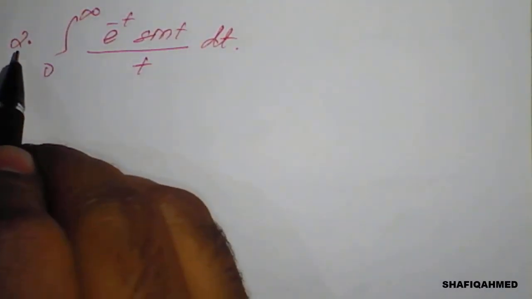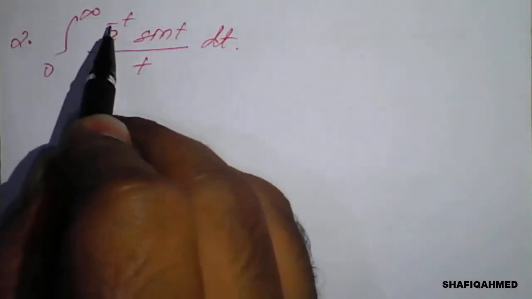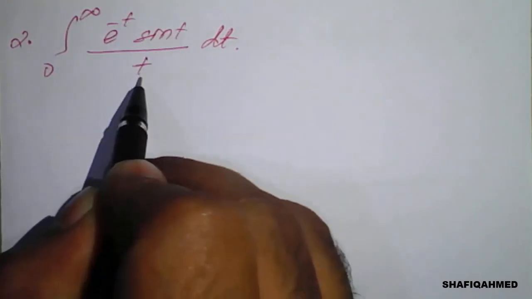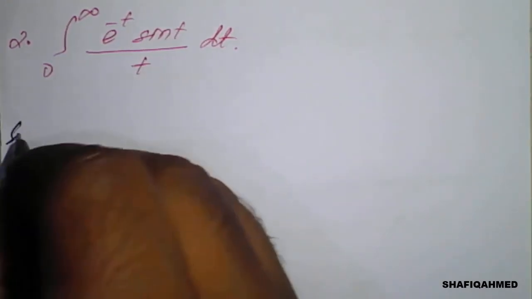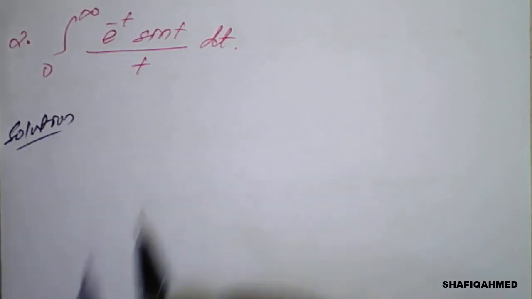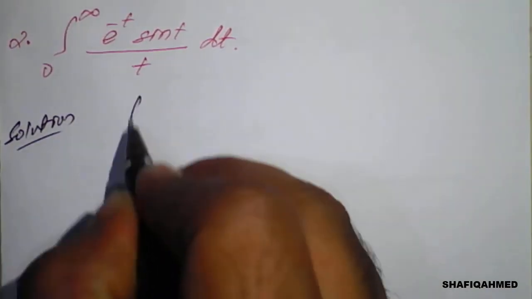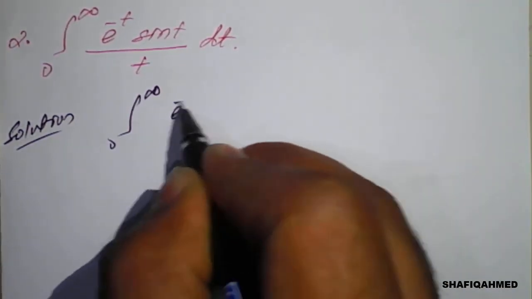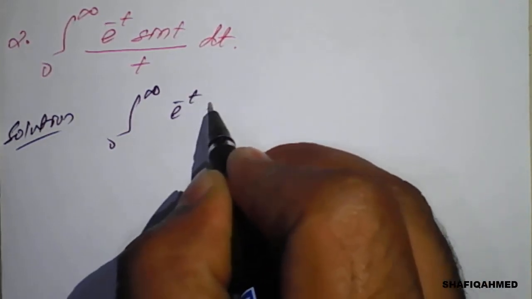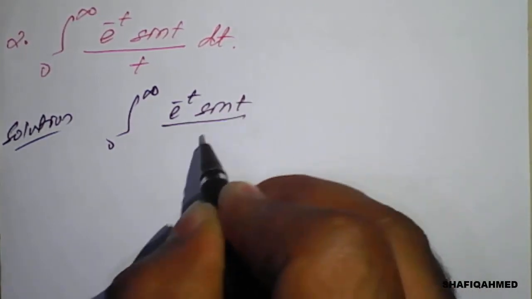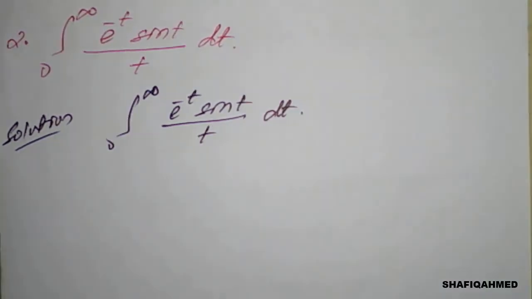So the next question is the integration from 0 to infinity of e raised to minus t sine t divided by t into dt. So solution. The given thing is the integration from 0 to infinity of e raised to minus t sine t divided by t into dt.